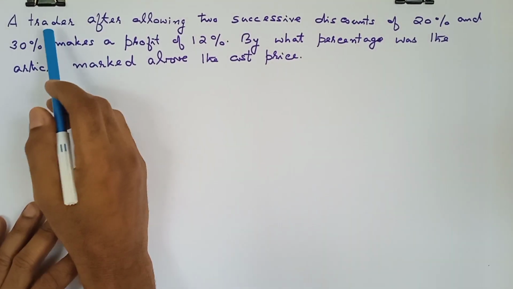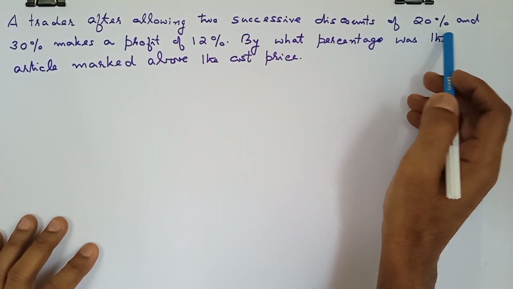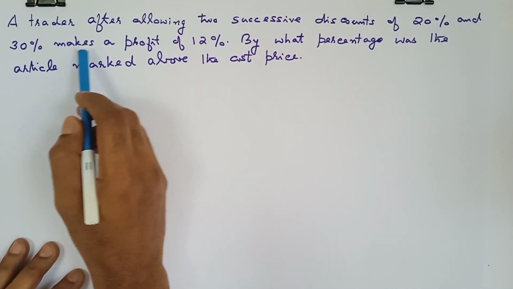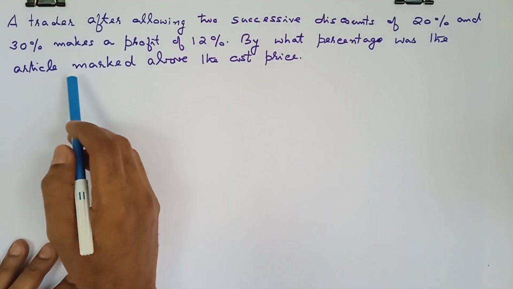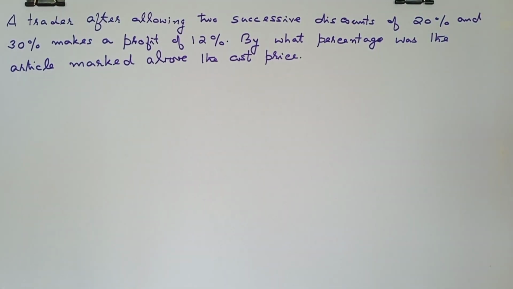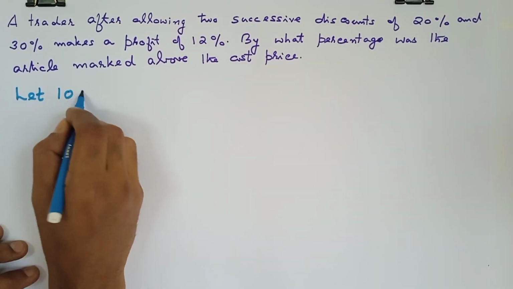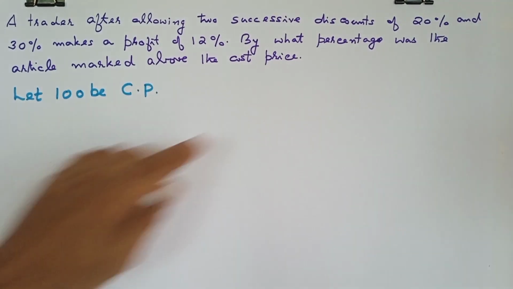The second question is, a trader after allowing two successive discounts of 20% and 30% makes a profit of 12%. By what percentage was the article marked above the cost price? This is again based on marked price, but there are two successive discounts. Let 100 be the cost price of the product.